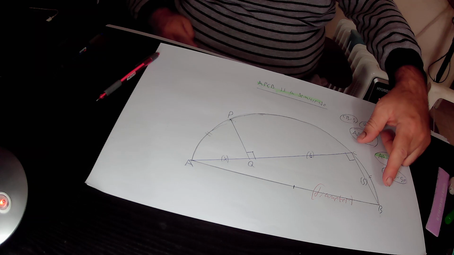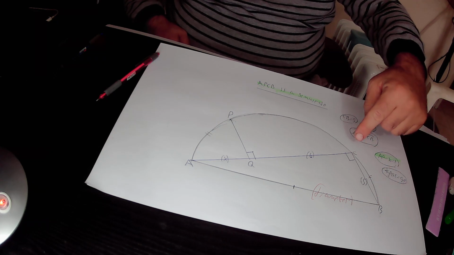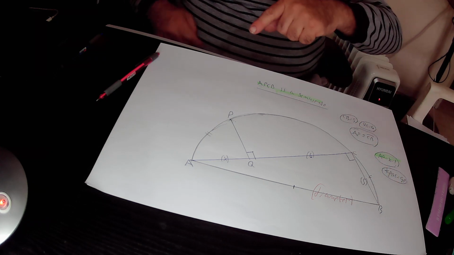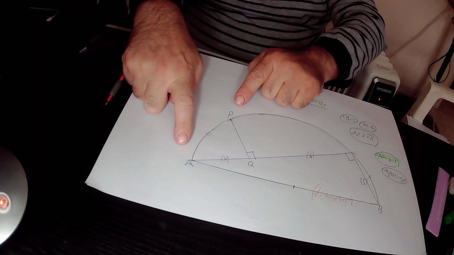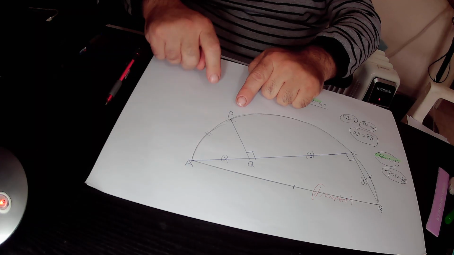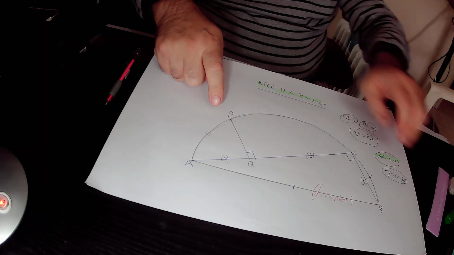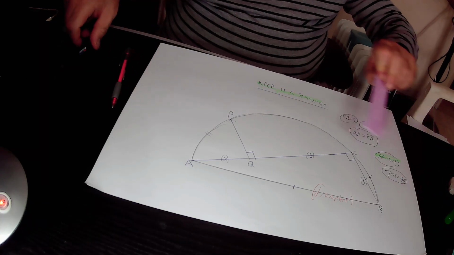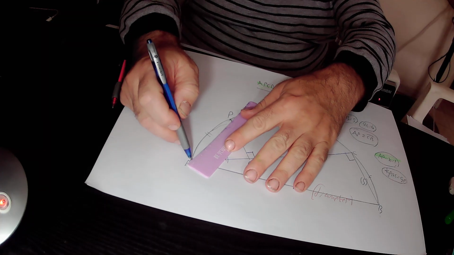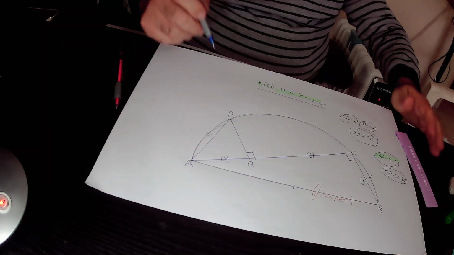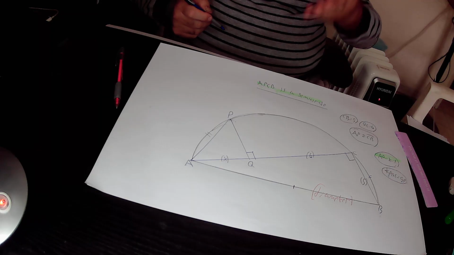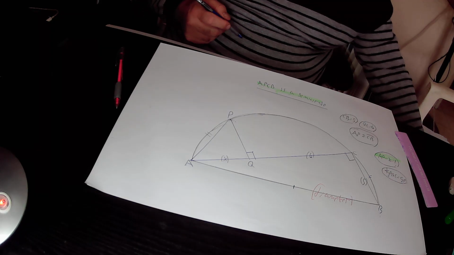The corresponding chord of this arc CB is chord CB, and the corresponding chord of this arc AP is chord AP. So we join points A and P together by a straight line. So we can implement rule 56 here.